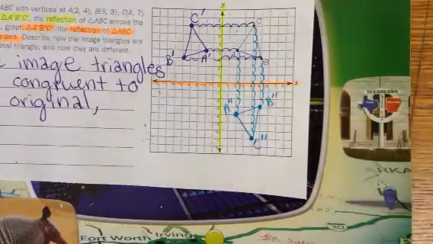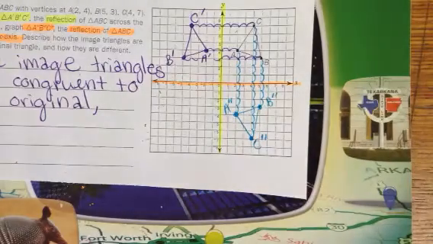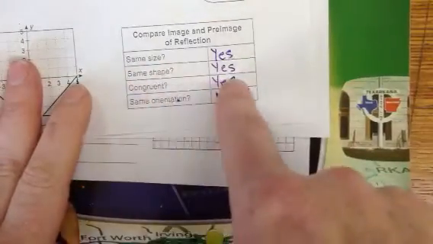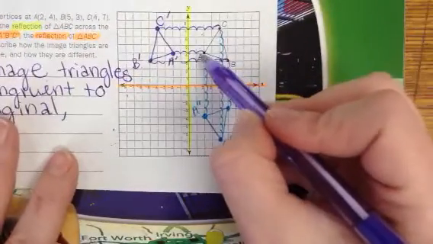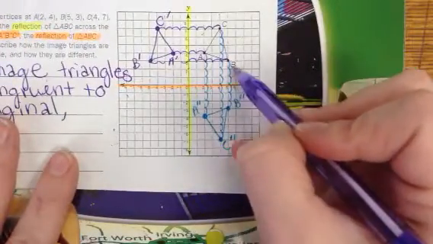On that first page where it had the little box down here at the bottom, we said same size, same shape, so yes, that means they're congruent. But we said that they did not have the same orientation, so that means how it's positioned, exactly how it's sitting. Because before, the bottom of it slanted down this way, AB.